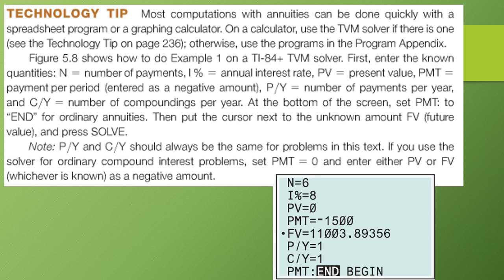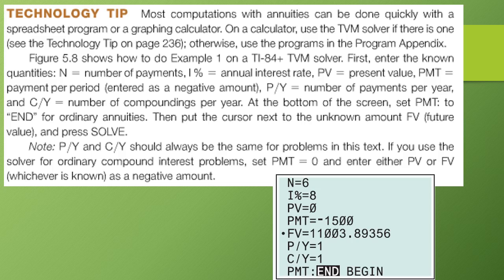Solve is going to be alpha, and then enter. And when you do that, it will give you the future value of the account. Okay, and I do note there that the P/Y and the C/Y should always be the same for the problems in this text.